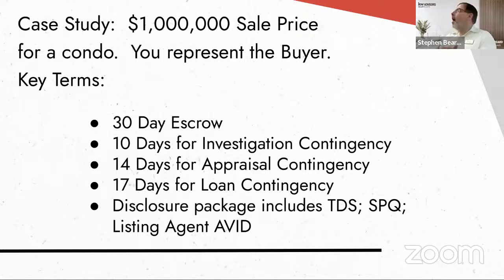And the listing agent is required to do an inspection of their own. That's the AVID, Agent Visual Inspection. So that's what's in our package, and that's what we've received prior to getting into contract. Now, sometimes you'll get a package that has a lot more in it, in many cases, but this also happens. Okay. Everyone okay with our case study?